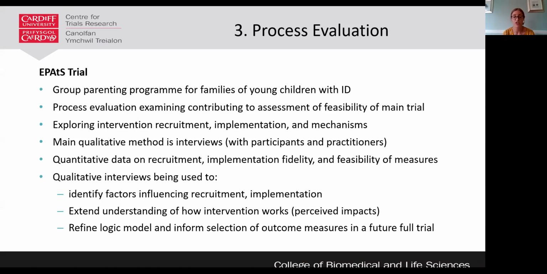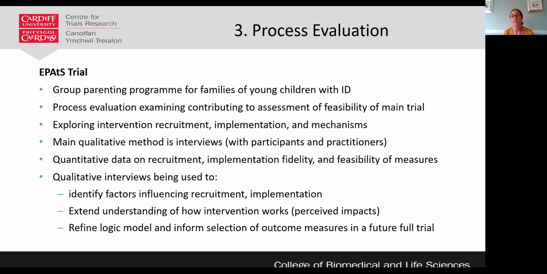This process evaluation was embedded within EPATS, which was a feasibility trial of a group parenting programme for parents of children with intellectual disability. So the EPATS process evaluation used a mixed methods approach.